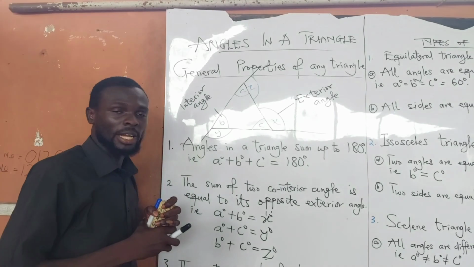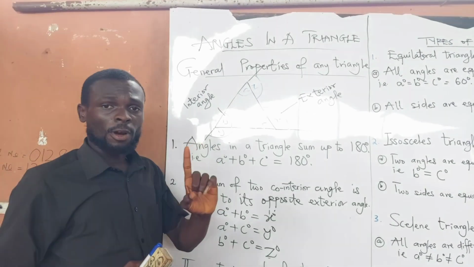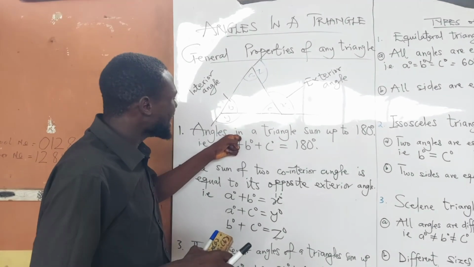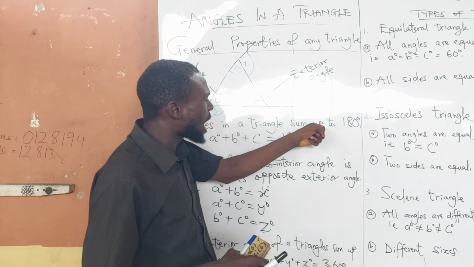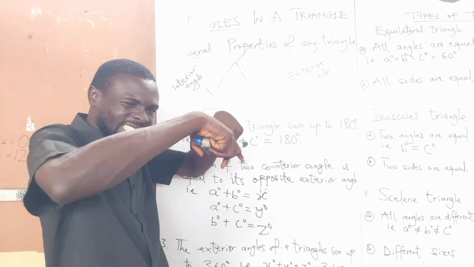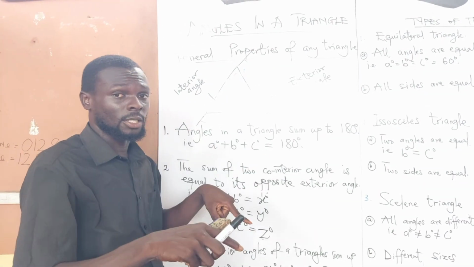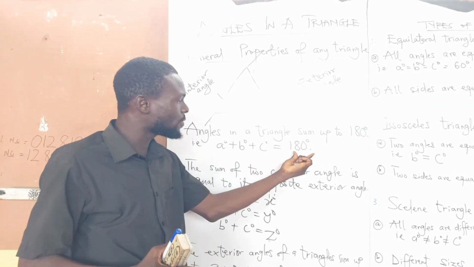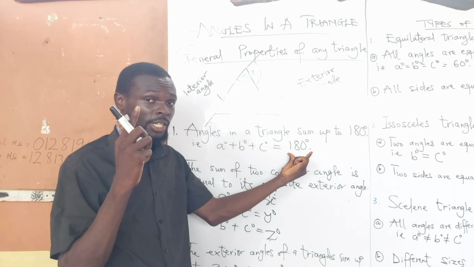Now let's look at the first one. The first property of any triangle is that angles in a triangle sum up to 180 degrees. That is, the interior angles of any triangle, all the interior angles, if you sum them, it is equivalent to what? To 180 degrees.